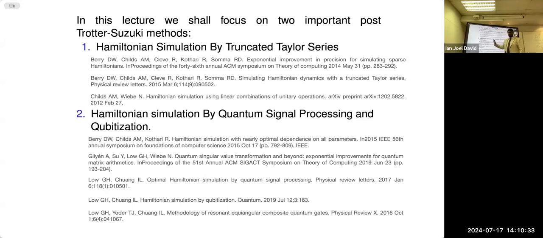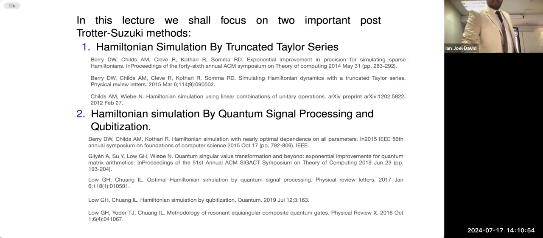Because this algorithm doesn't just allow you to simulate Hamiltonians, but in its more general sense, it allows you to realize polynomial functions of operators on a quantum computer, which is extremely useful for many different quantum algorithms and solving other problems with quantum computers.